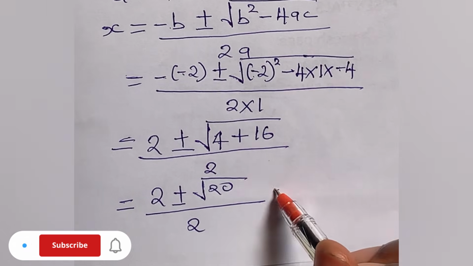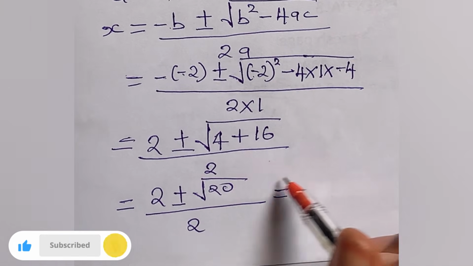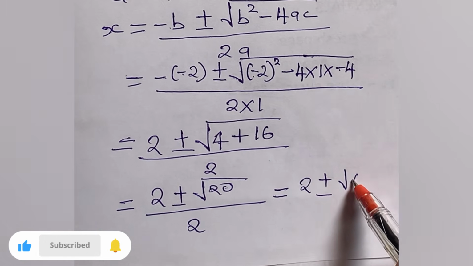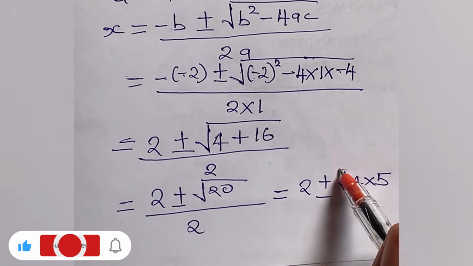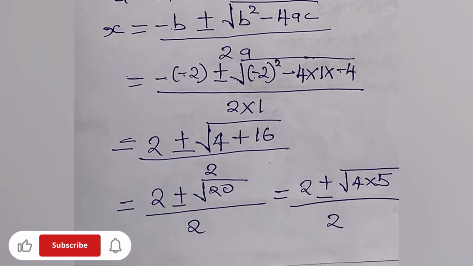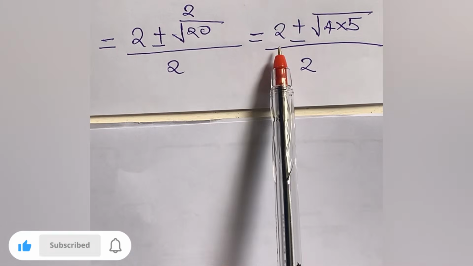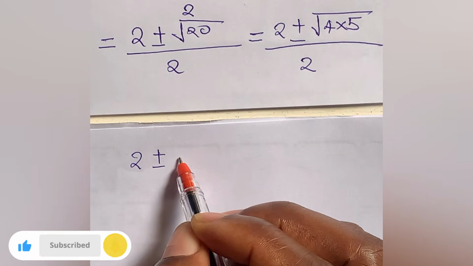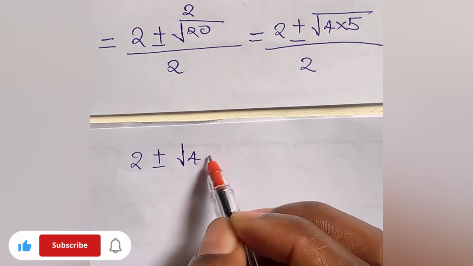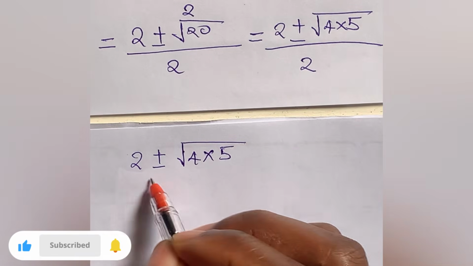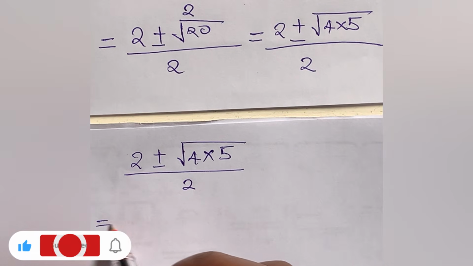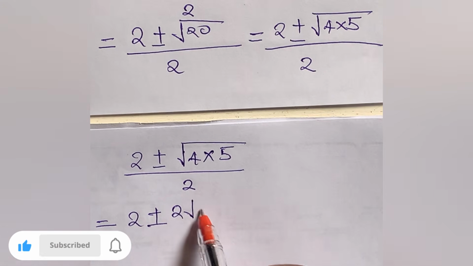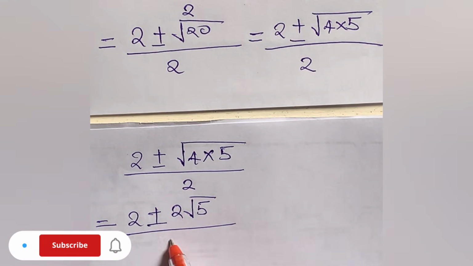Okay, so we can rewrite 20 as 4 multiplied by 5. So we have 2 plus or minus root 4 multiplied by 5, all over 2, and that can be expressed as the square root of 4, which will give us 2 root 5, all over 2.